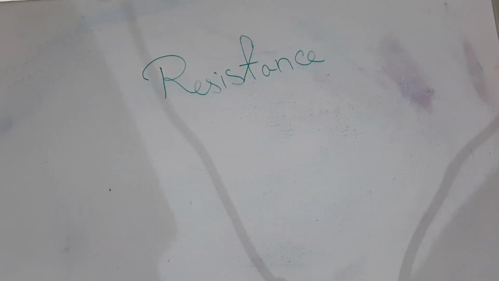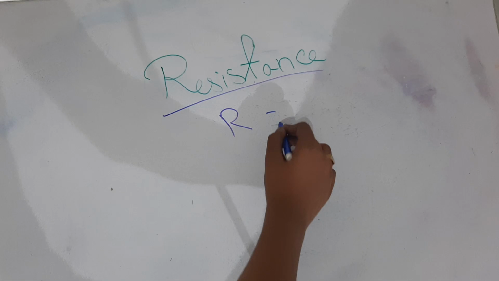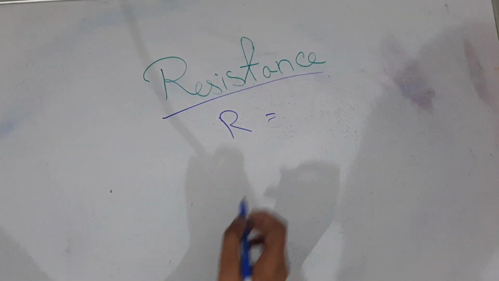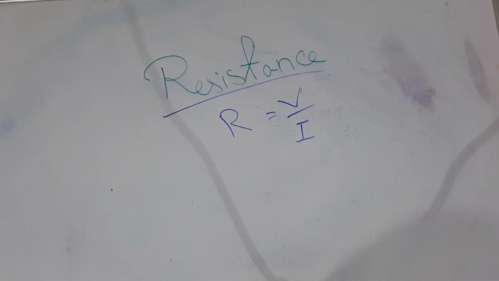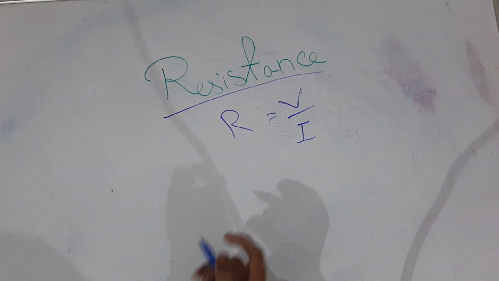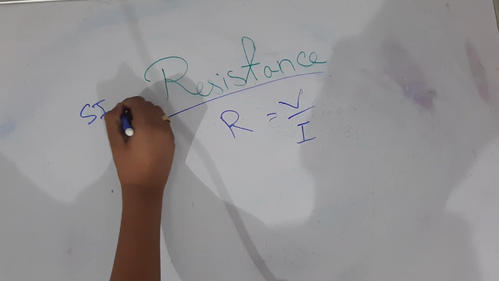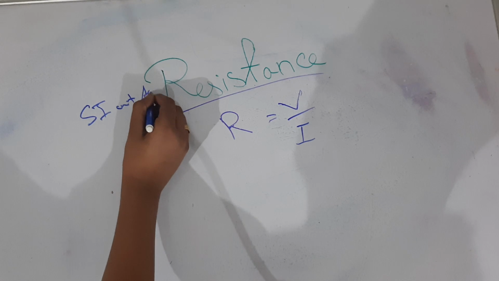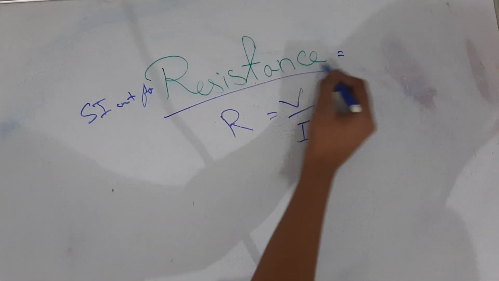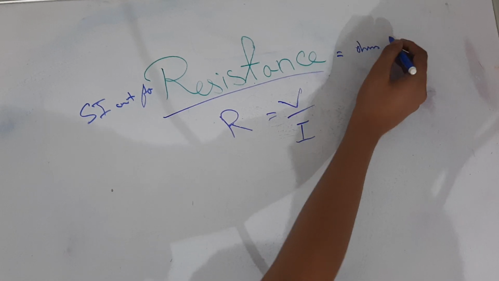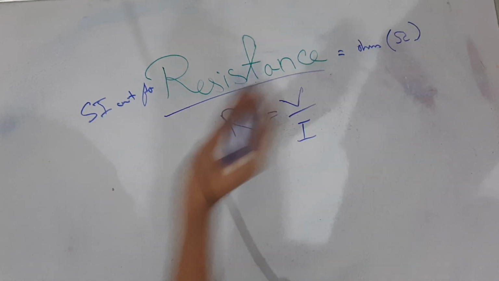Now friends, resistance, as we know, is equal to V by I, potential difference by electric current. The SI unit for resistance is the ohm, denoted by the Greek letter omega.